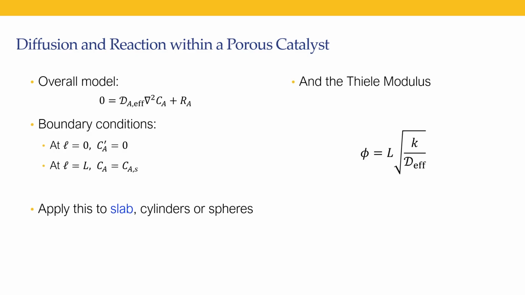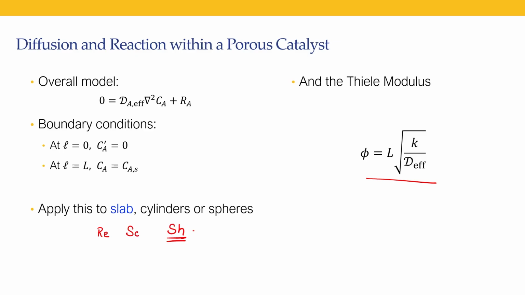we also talked about a dimensionless number called Thiele modulus. The other dimensionless numbers that we have discussed so far have been Reynolds number, Schmidt number, and mostly the Sherwood number.